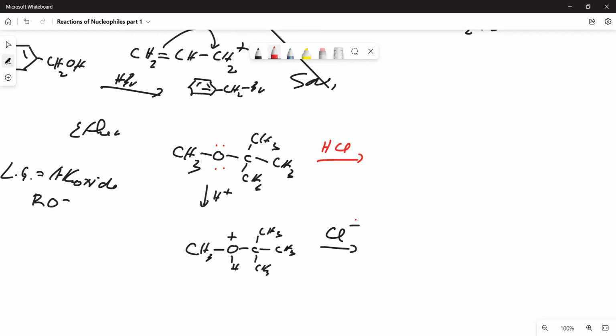If the chloride will attack this carbon here, then this one will break away, forming methyl chloride and tertiary butyl alcohol.